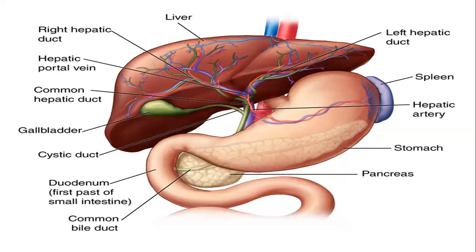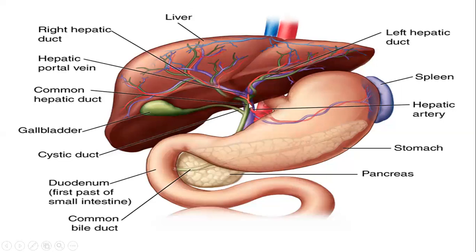And these lobules are connected to small ducts or tubes that connect with larger ducts to form the common hepatic duct.